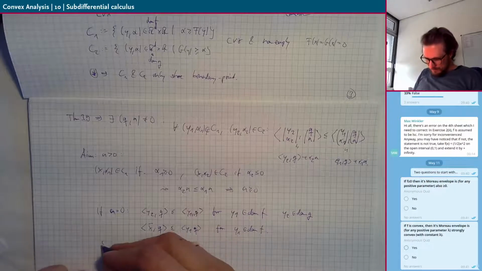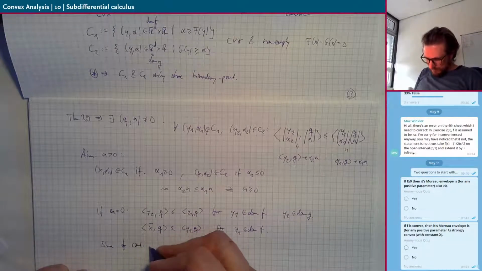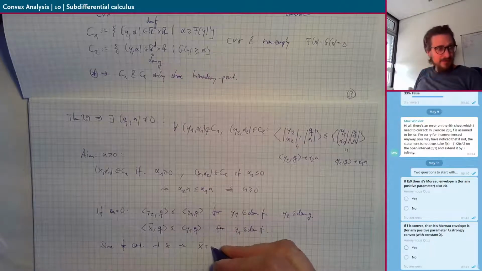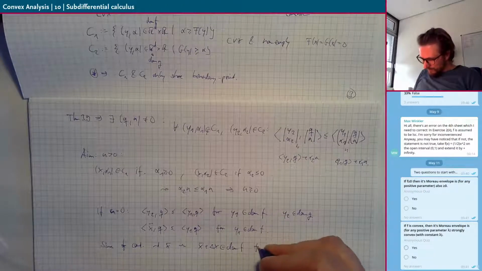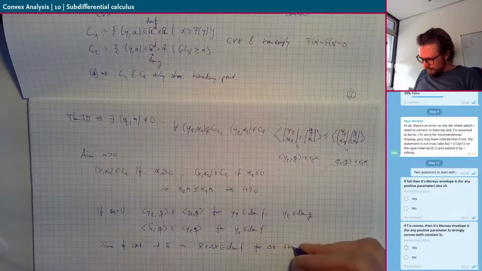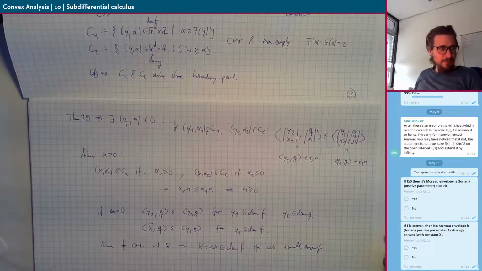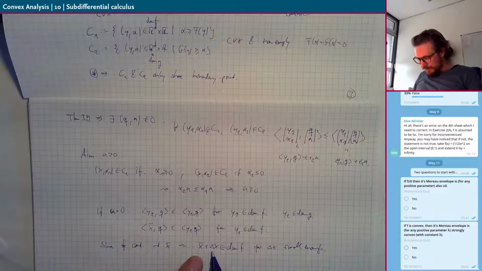So since f is continuous at x bar, it holds that x bar plus delta x is still in the domain of f for delta x small enough, so probably just in some delta ball. And then you can put in here x bar plus delta x.